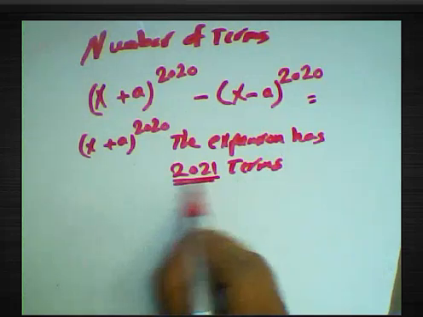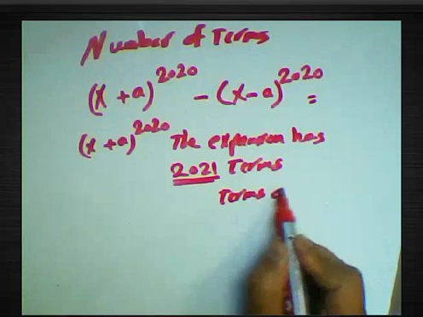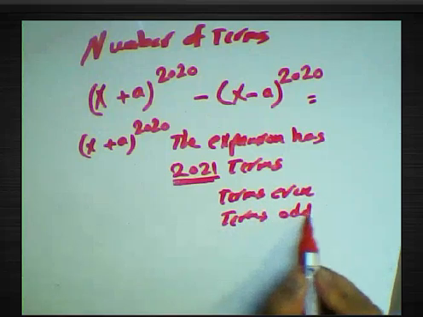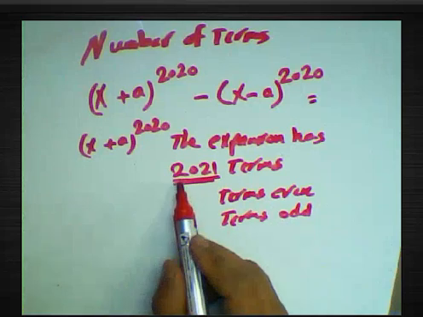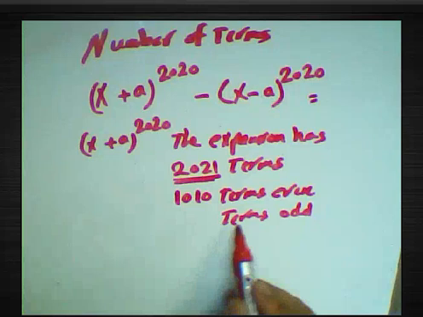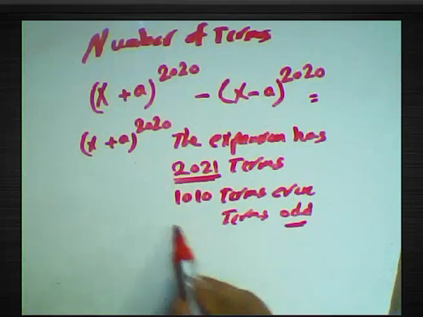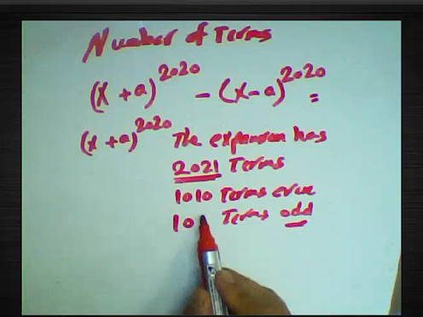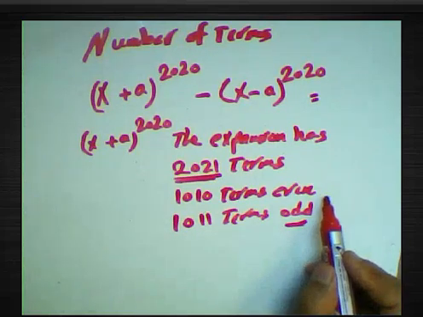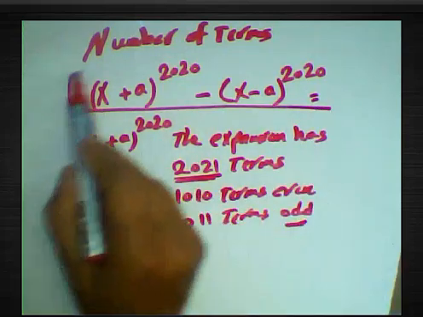Then we can find the number of even terms and odd terms. If this number were 2020, we would write 1010 and 1010, but we have 2021 here. The odd terms will be 1011. Okay, about even and odd, we have the rule for this expression.